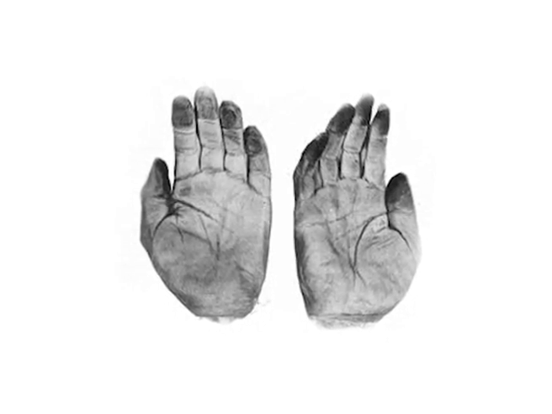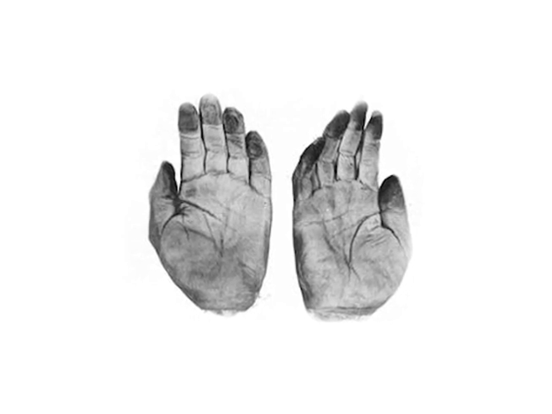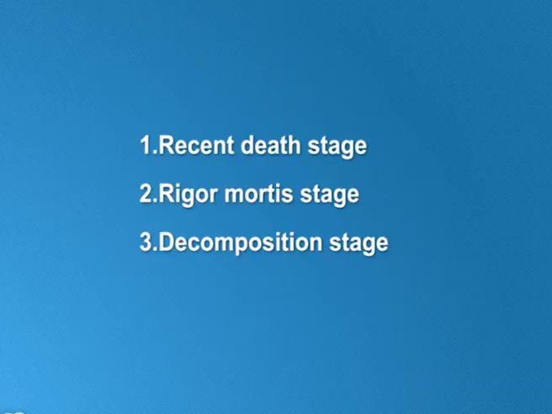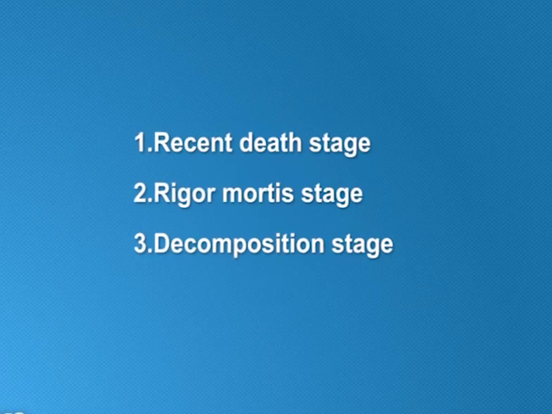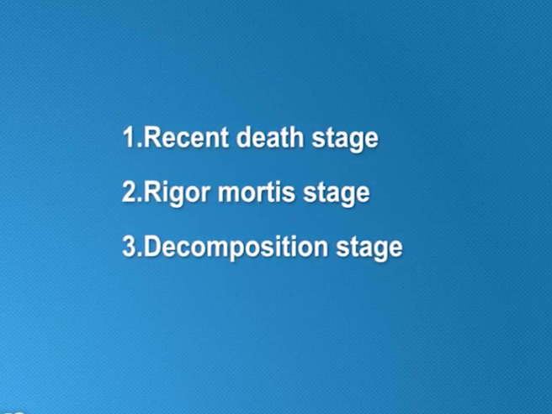Combining the information obtained from several imprints of the same finger may lead to the identity of the corpse. This module also taught you regarding the 3 different stages of the corpse that are required to be considered, namely recent death stage, rigor mortis stage and decomposition stage during post-mortem fingerprinting.